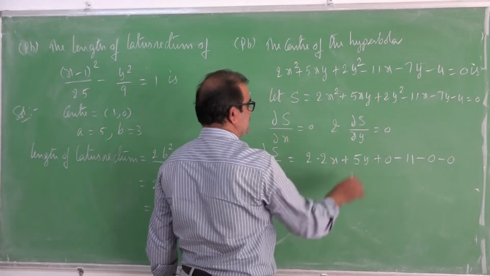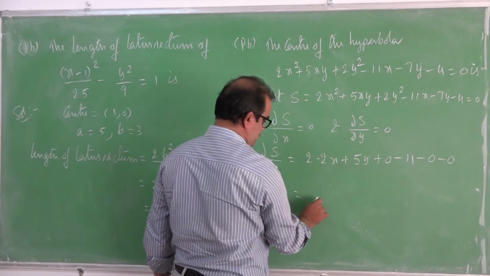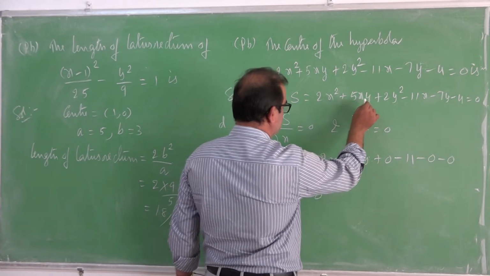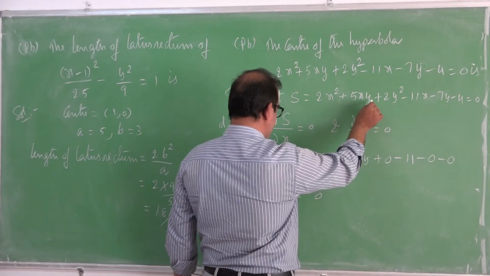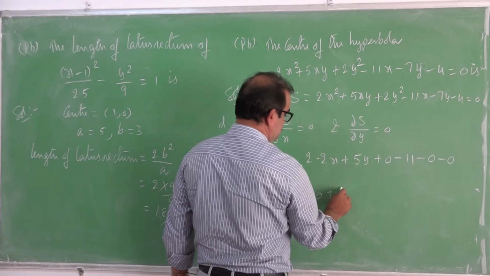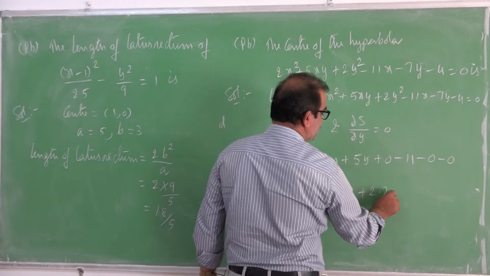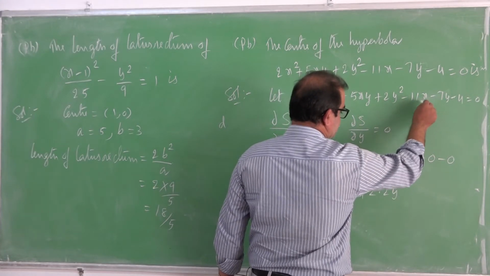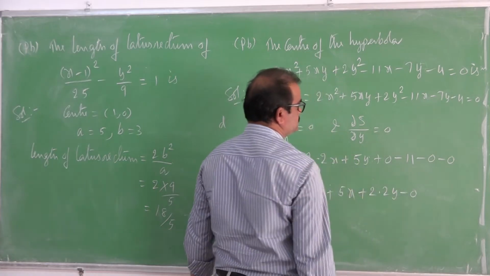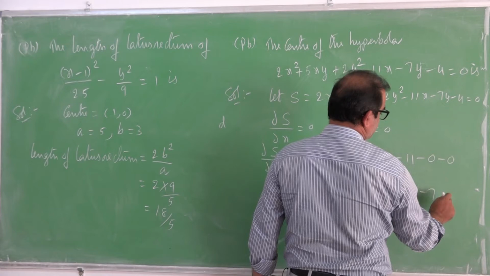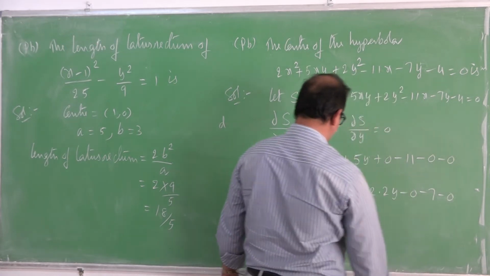Next, dou s by dou y, here differentiate partially with respect to y. Now we take x as constant, derivative of any constant 0. Next, derivative of y is 1, so 5x, plus derivative of y square, 2y, here there is x term, its derivative 0, minus 7 into derivative of y, 1, minus 0.